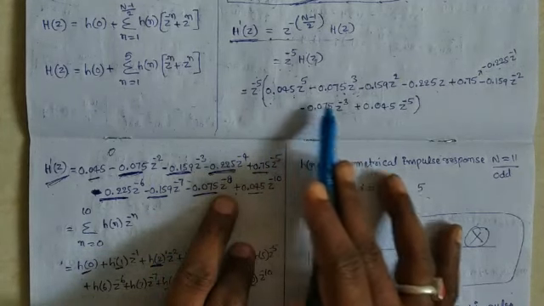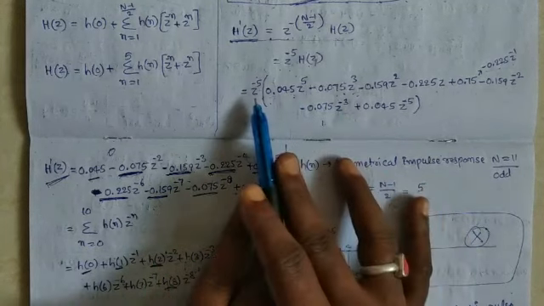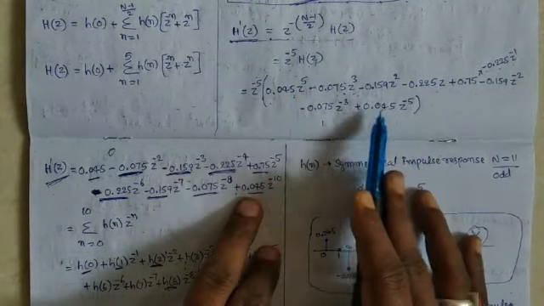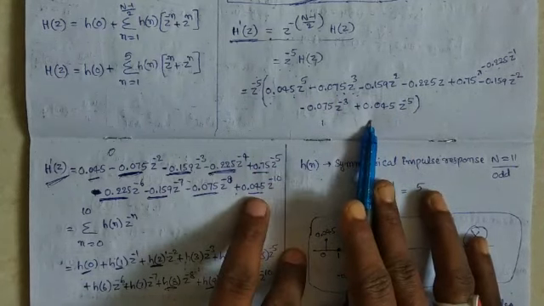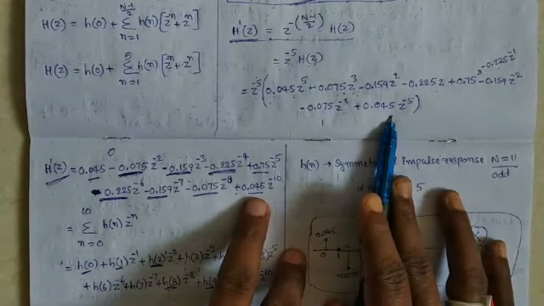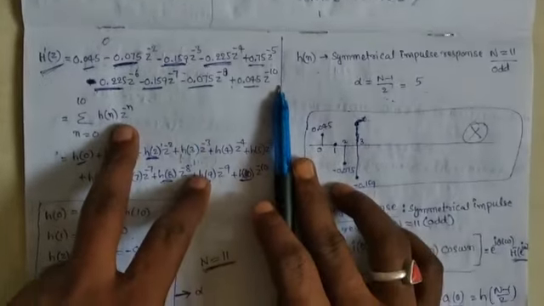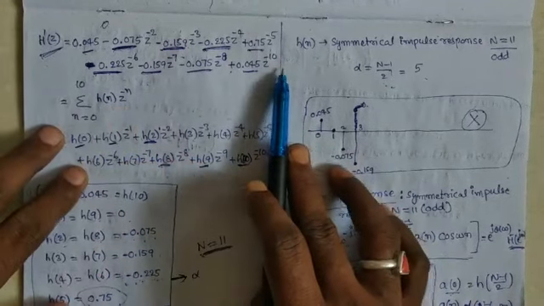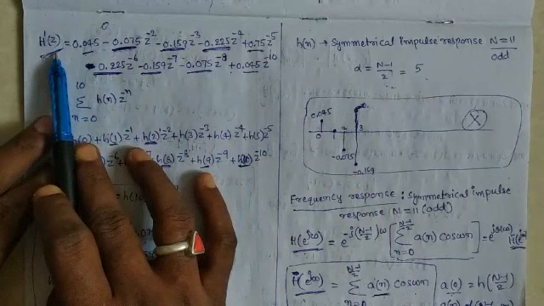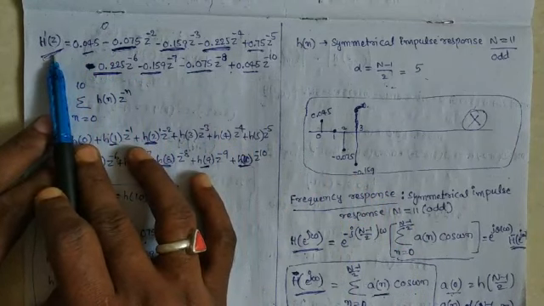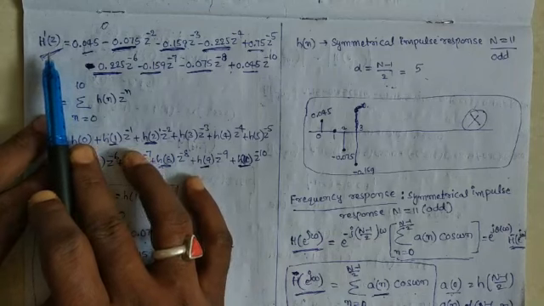Here z power minus 5 into z power minus 3 means z power minus 8 it is, plus this term multiplying this z power minus 5 with this term it is. Here resulting value is what? 0.045 z power minus 5 into z power minus 5, z power minus 10 it is. Here actually this is the transfer function of FIR filter, high pass filter it is, high pass causal filter it is, causal filter.